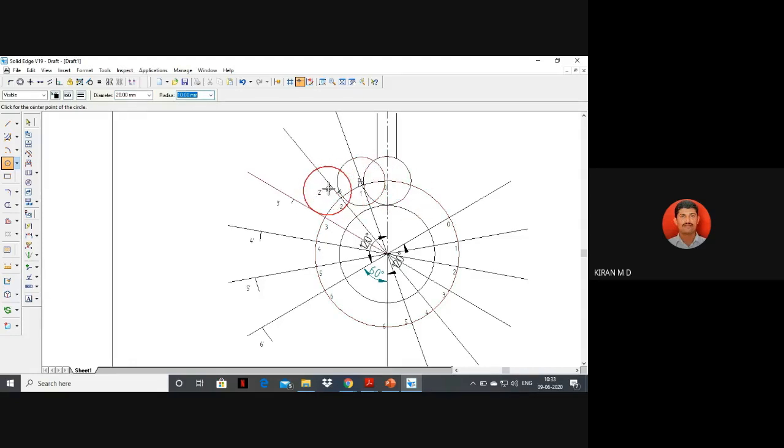Then again, this is the center, here also you draw the circle, and here also. Here also you draw the circle. So 20 mm is the diameter of the roller follower. The same radius we have to draw for all the points.